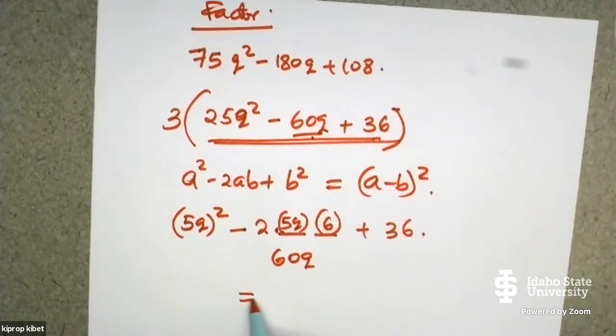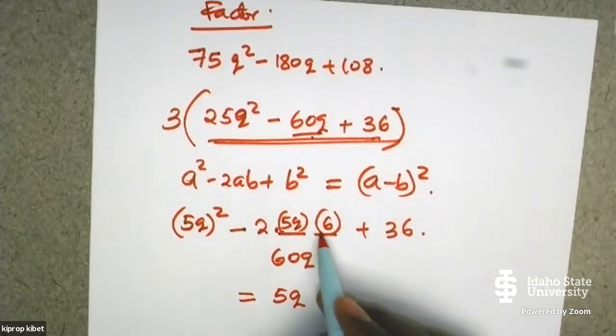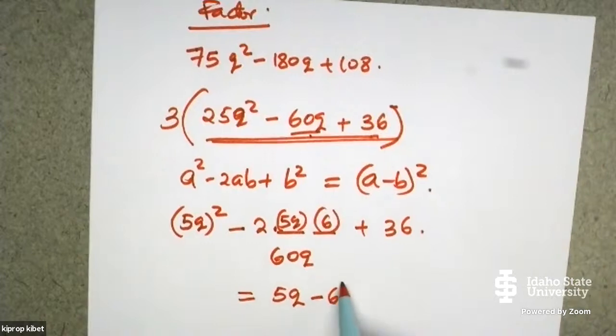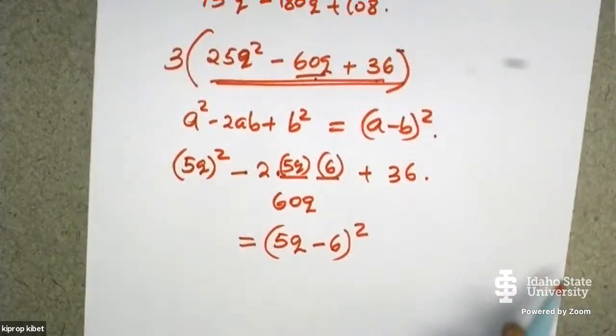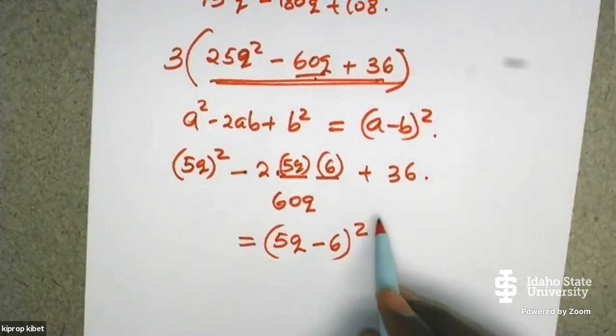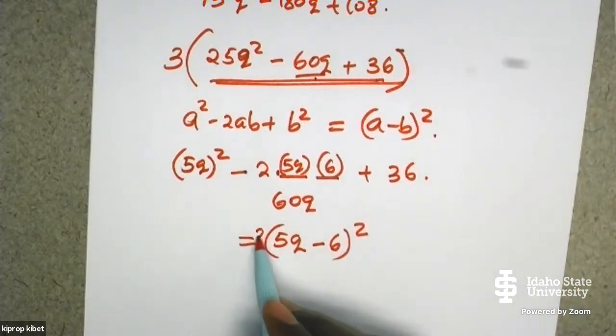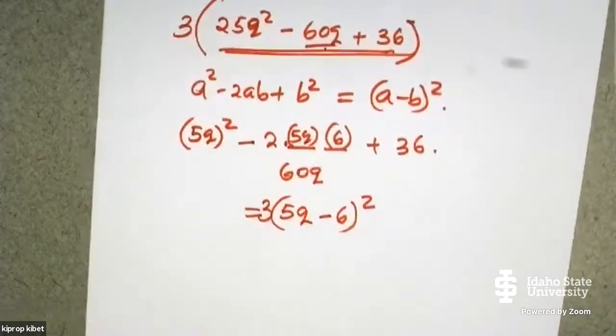So therefore, our a in this case is 5q, our b is minus 6, and then we square. But we still have the 3 there, so our 3 is outside. Are we together? Any question?